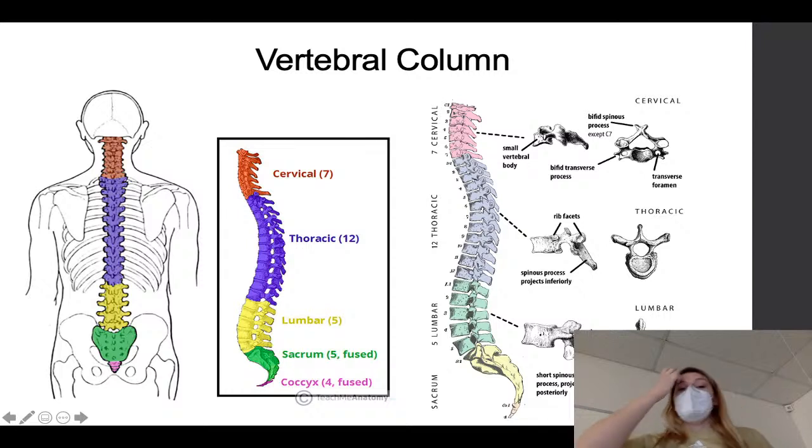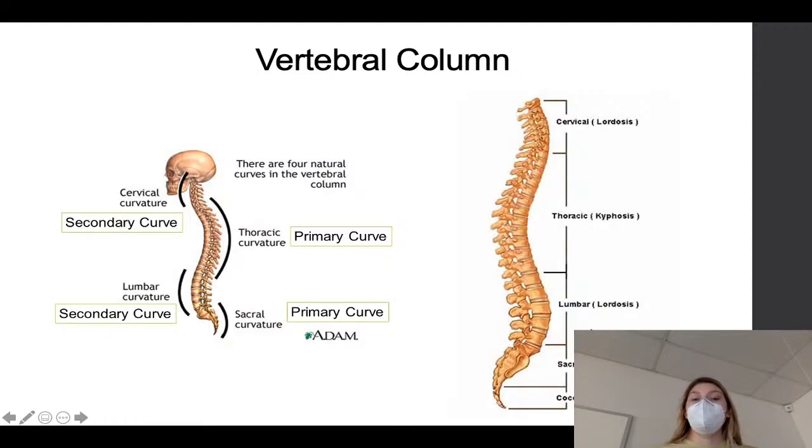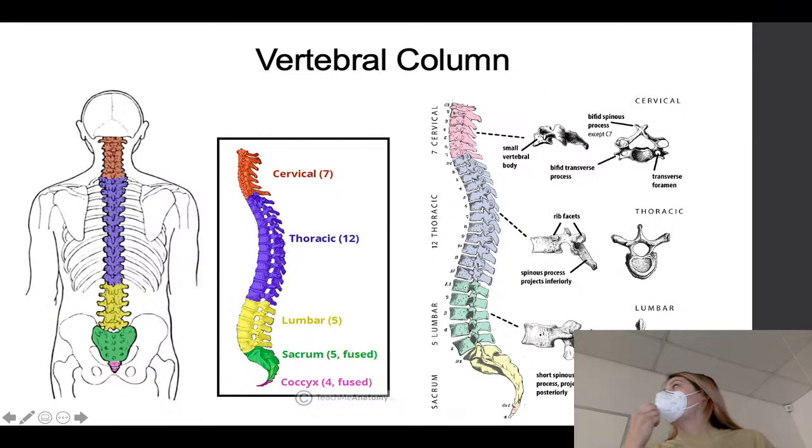Okay, so like I said, your spine is made up of vertebrae. And the official fancy name for it is our vertebral column. It is made up of our cervical region, our thoracic region, our lumbar, our sacrum, and our coccyx.